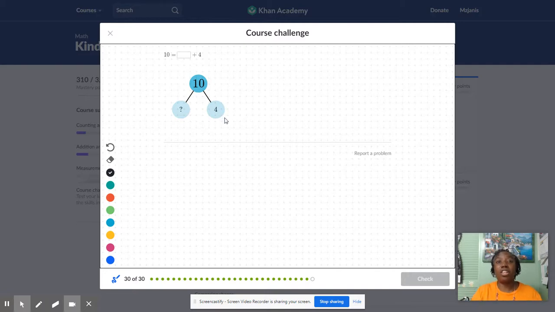So now you can tell this is algebra, right? See, it's going this way. And normally, I'm telling you, before it used to be, remember? But it's not like that no more. This is kindergarten. They're preparing your child for algebra.